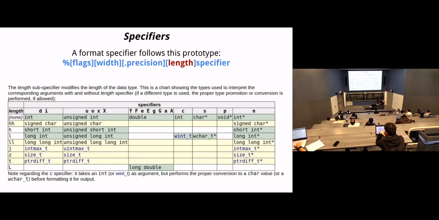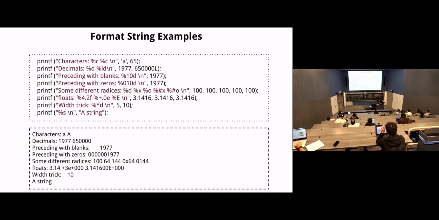It specifies the length of the data type. Without specifying this, we just use the 32-bit version, 4 bytes. But if we use h, it means 2 bytes, then if we do hh, then we can do 1 byte. So later you will see more examples of how we use this.